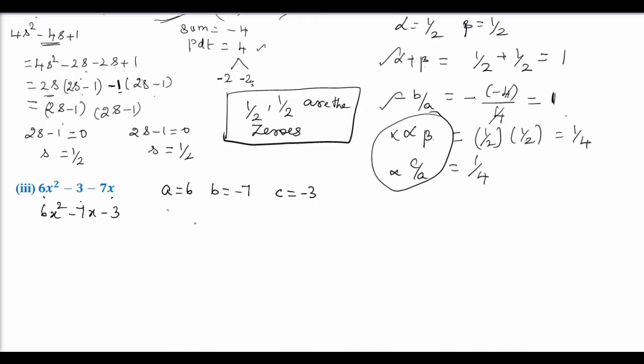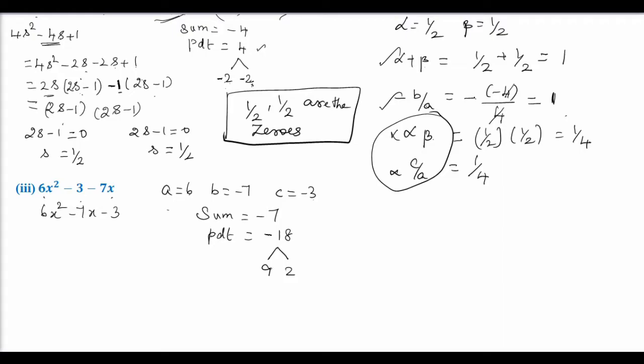Now we find two numbers whose sum equal b, that is minus 7, and product equal a into c, that is 6 into minus 3, minus 18. So when I factorize 18, I see that 9 2s are 18, right? Okay, but I need a minus sign. If the product is negative, any one of its factors must be negative.